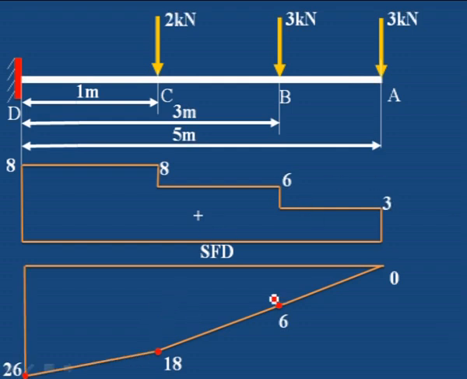This closed polygon is called the bending moment diagram. Here we have to mark all the salient points that we calculated. Negative. Okay, like this, if any number of point loads is given, we can calculate the bending moment and shear force diagram easily.